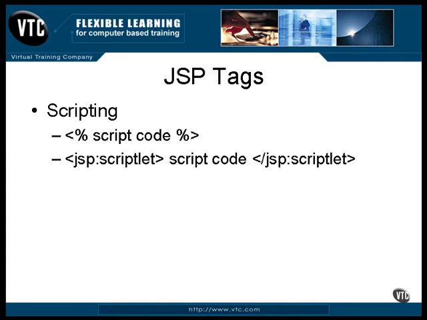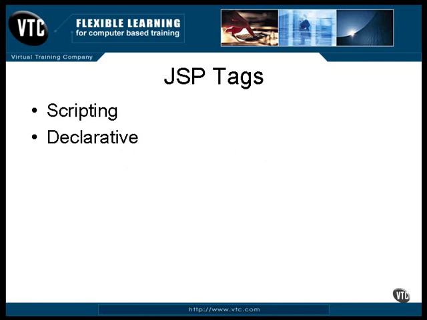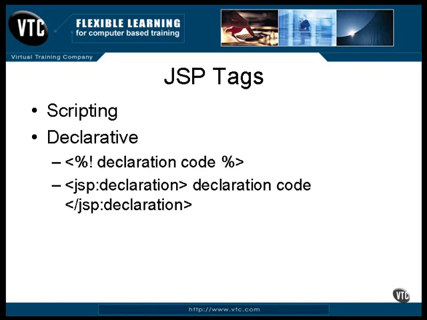Another type of tag is the directive or declarative element. This is for declaring things that exist for the life of the object. The tag is almost the same, but it does include that exclamation point at the beginning. This tag also has an XML form, and it looks like this. There's nothing mysterious about this.